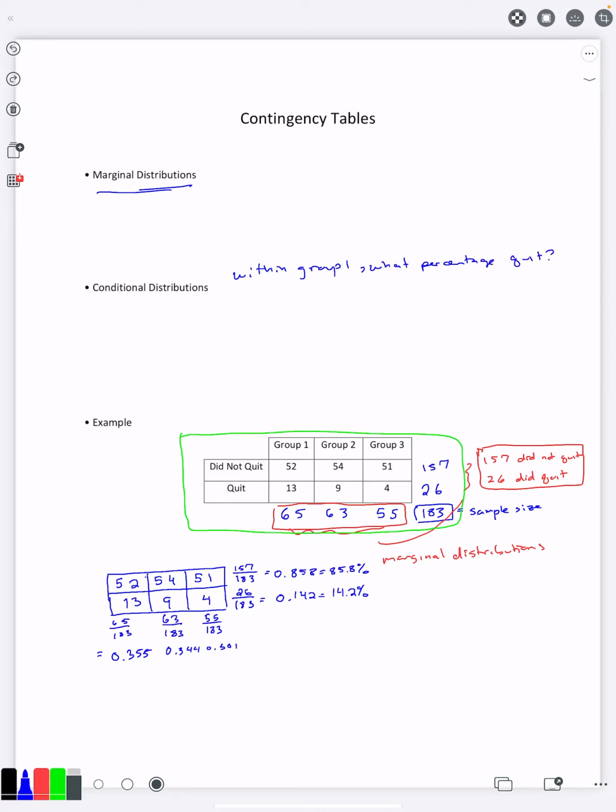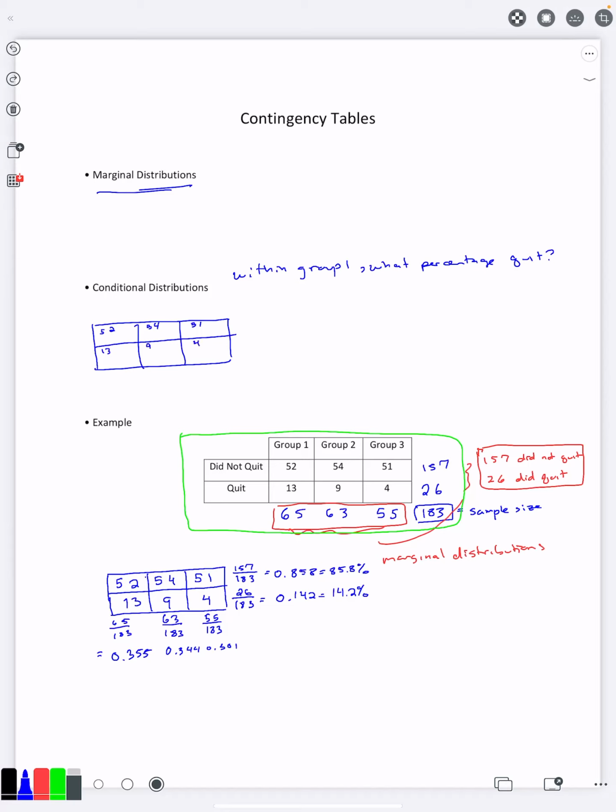quit? So I would take my data here, and I'll go ahead and copy the table down once again. We had 52, and then 54, and 51, and 13, and 9, and 4.